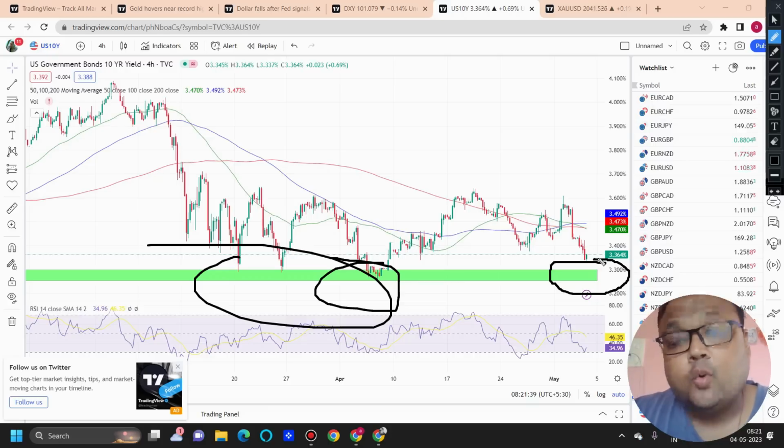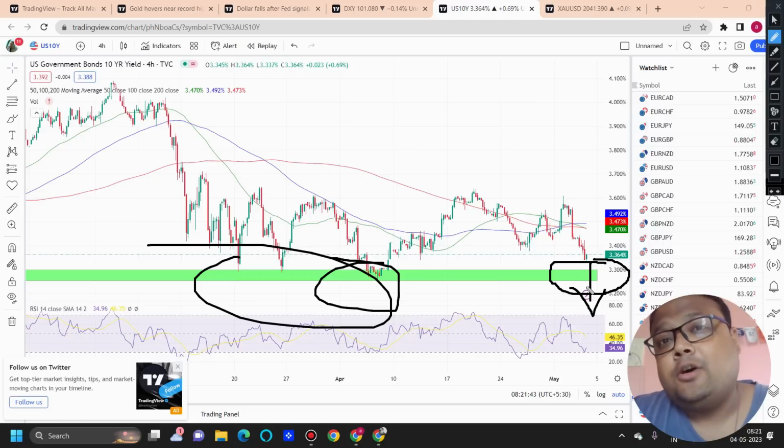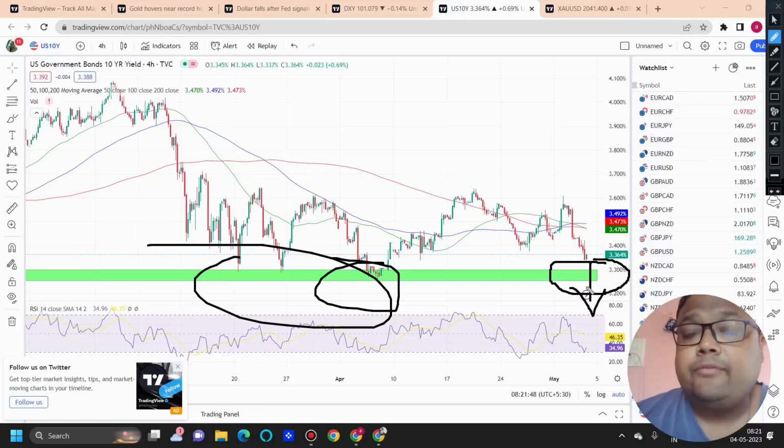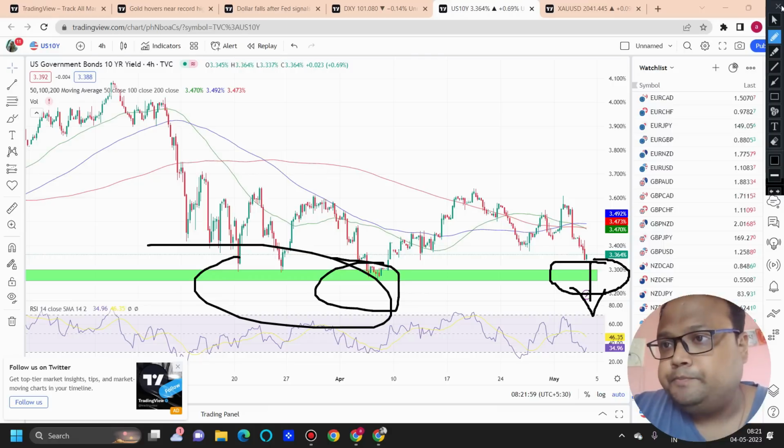If the market takes support, well and good. If the market breaks this level and starts falling, then obviously there will be a new high on the chart of gold. My dear friends, the overall market sentiment is very bullish in case of gold, and in case of the dollar and US government bonds, the sentiment is not positive.